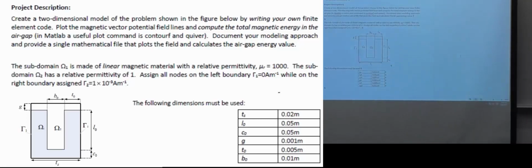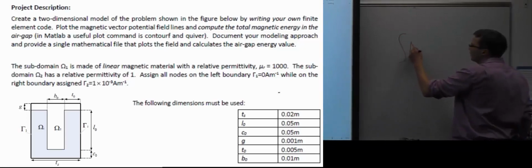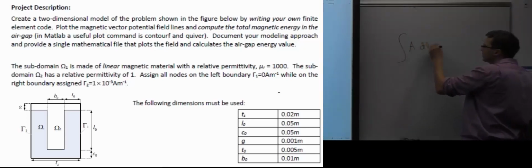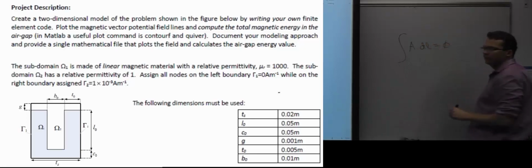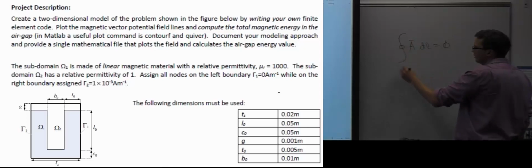The reason that it will do that is because, remember, I said that A dl is equal to the flux, the magnetic vector potential around a loop, right? We talked about this.